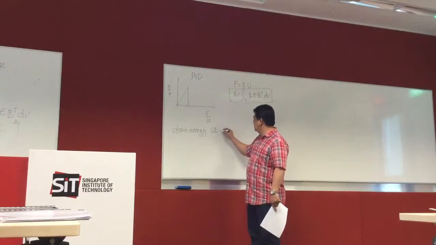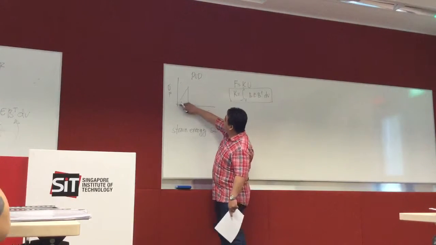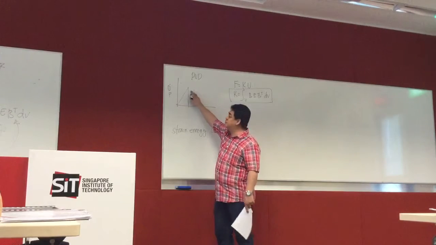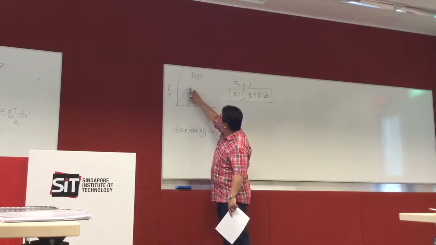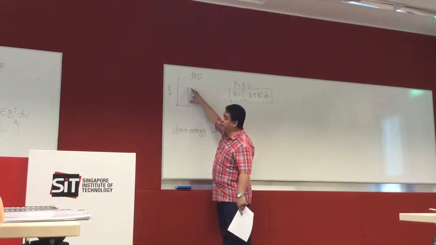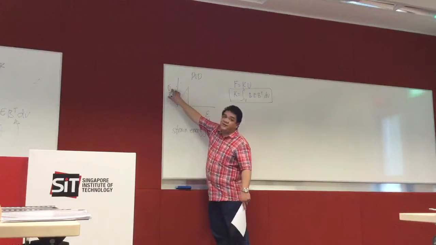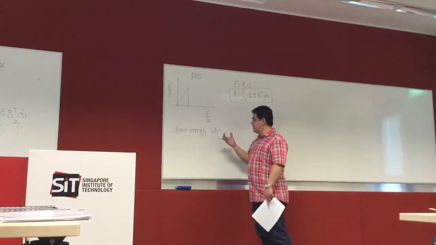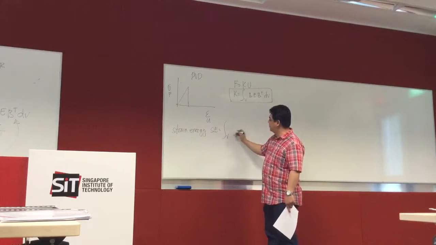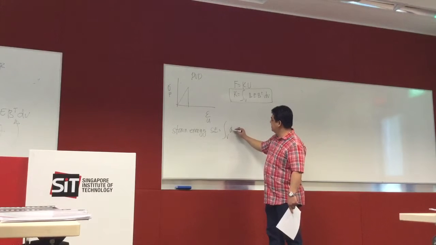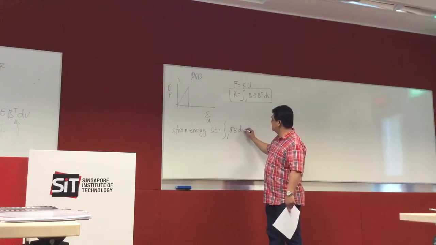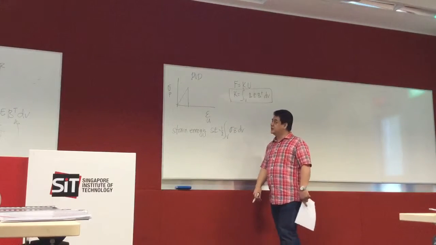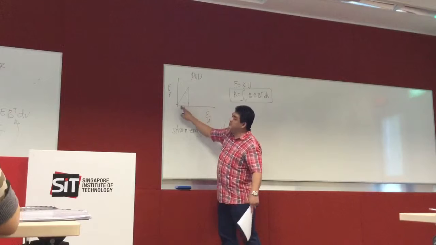SE is equal to the area under this elastic curve. Your elastic strain energy is that area under this elastic curve, which is 1/2 multiplied by stress strain. But actually you integrate this one, so that's the volume integral of that stress strain dV. 1/2, sorry, because it's a triangle.